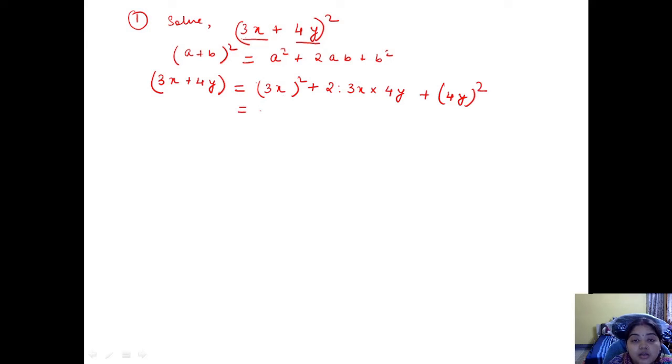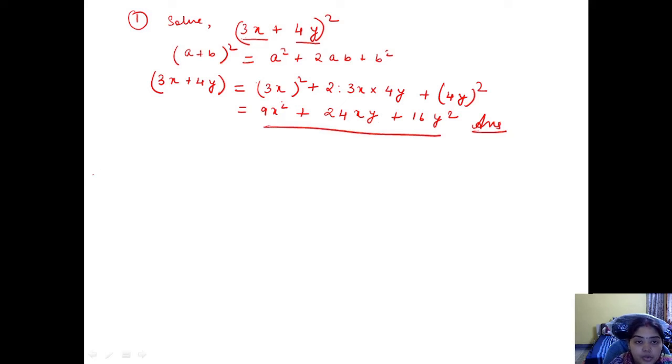This will give me 9x square plus, now 3 2s are 6, 6 4s are 24, so 24xy plus 16y square. Okay, this is my answer. This is the answer we would be getting solving this equation.